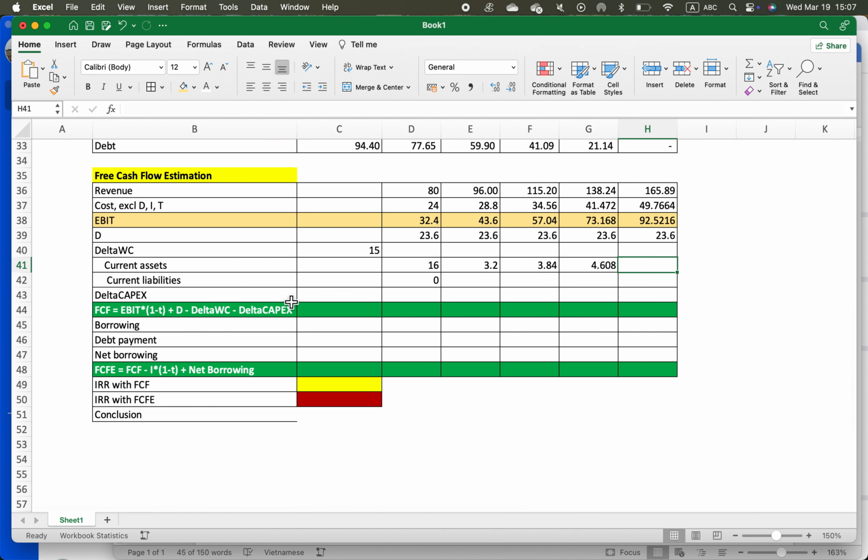Okay, so current liabilities in here are 0, 0, 0.